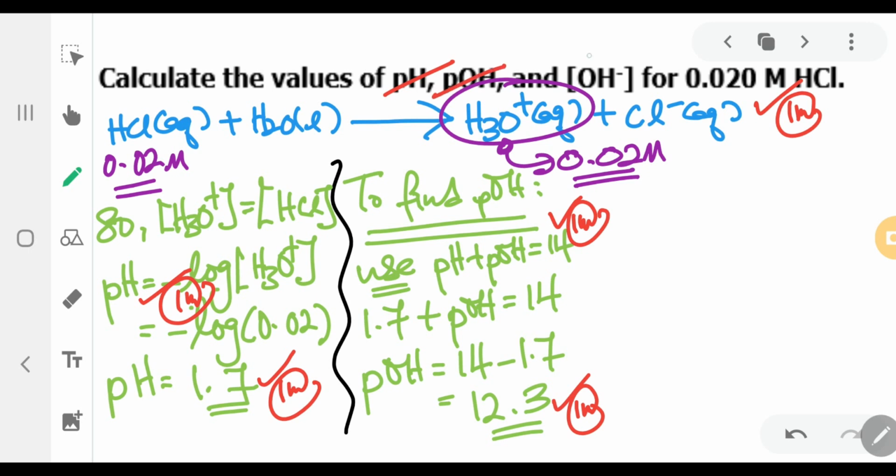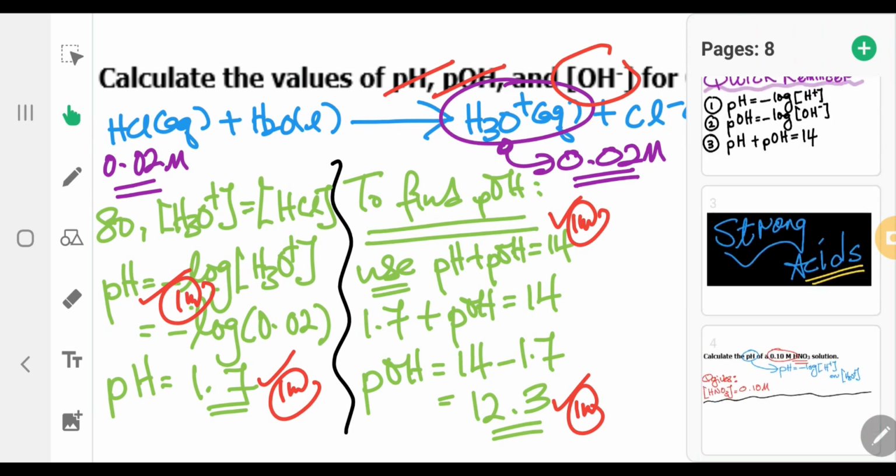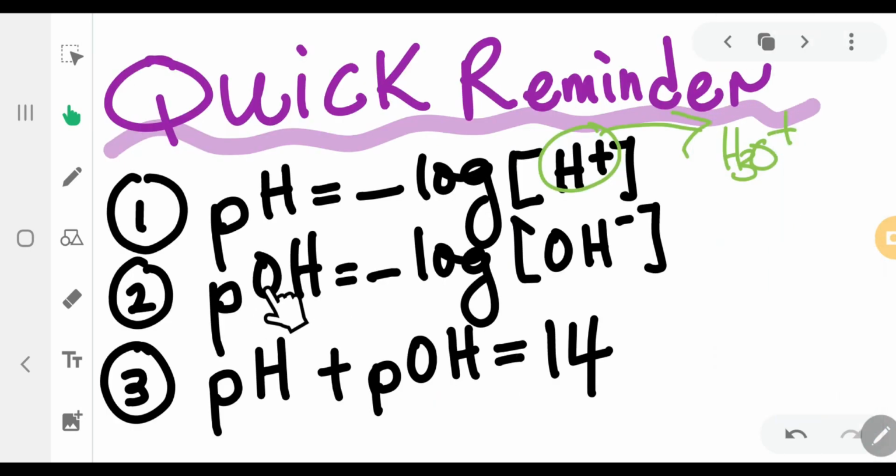The last one is we need to find out the concentration of OH-. To do that, we take the value of pOH, because we do know that pOH is negative log of the concentration of OH-. We know the value of pOH already.